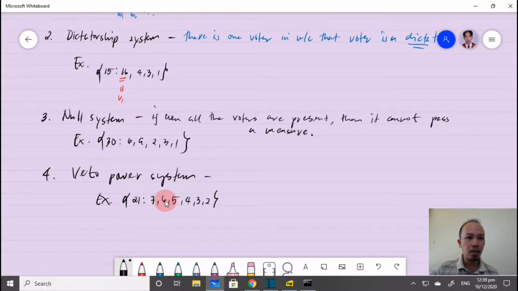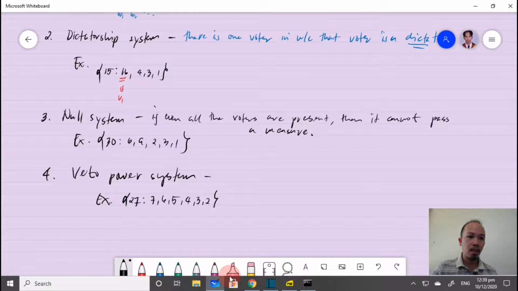What happened, I don't know how to add. So let me change this to 27. I'm sorry. So this is 27. Okay, this type of weighted voting system is a veto power system because the sum of the weights is 27, which is the quota.